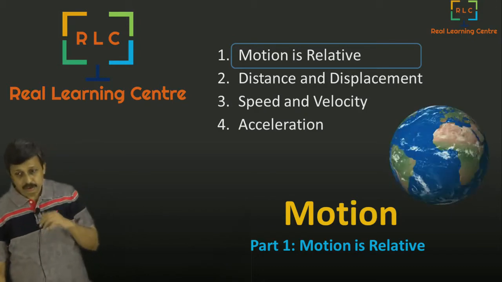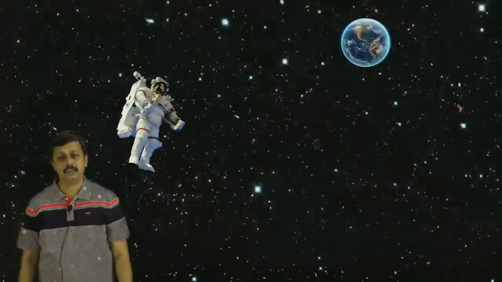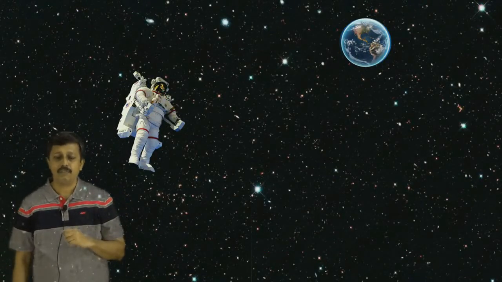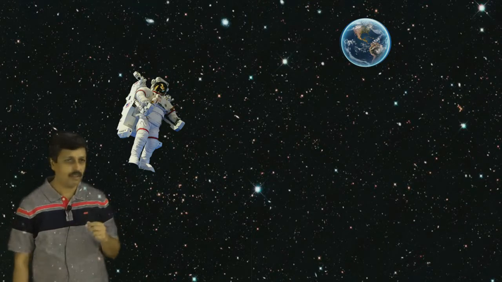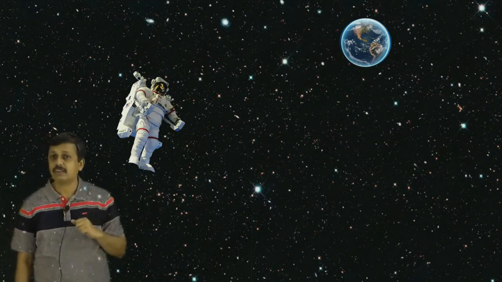So let's get into space. We will get into a very deep space. What is the meaning of deep space? Now you can see here we have a space astronaut, and you also have background Earth and stars.